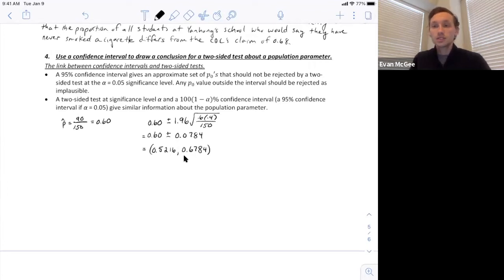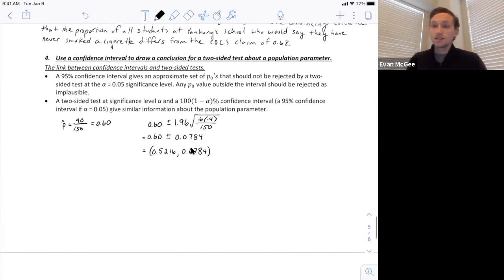Her test was against the null being 68%. Since 68% doesn't fall within this interval, if we were using this confidence interval to determine whether the proportion who claim they haven't smoked was 68%, then we have reason to believe that it's not true. It's not 68%. We are 95% confident it's less than 68%, because this is the information that our interval is providing.